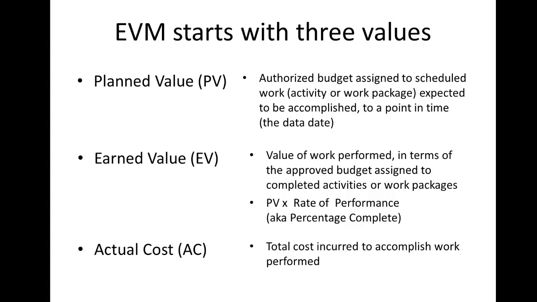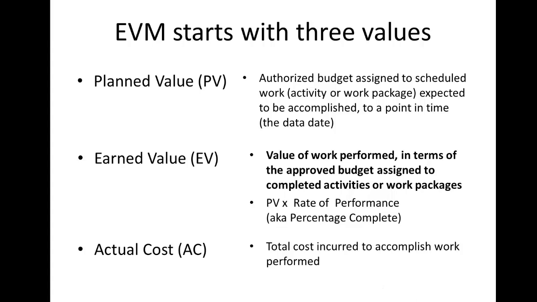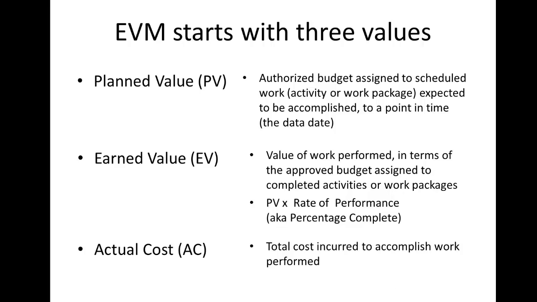The earned value is sometimes referred to as the budgeted cost of work performed. And actual cost is the actual cost of work performed. So it is not necessarily the cost of the work scheduled, and this is why the work achieved must be considered before the value of the actual cost is defined.